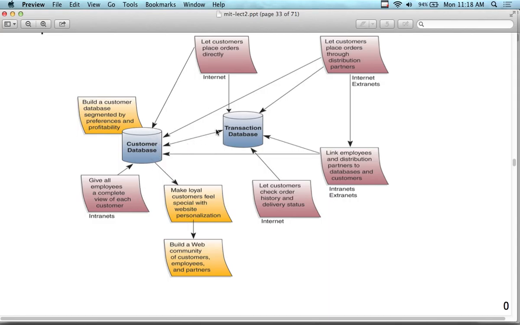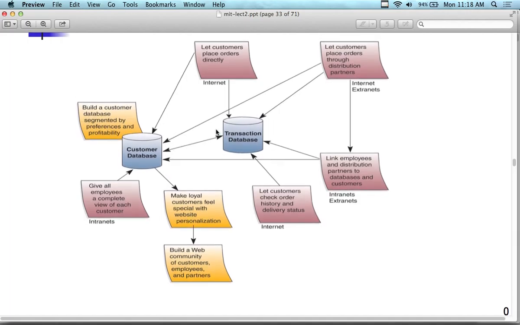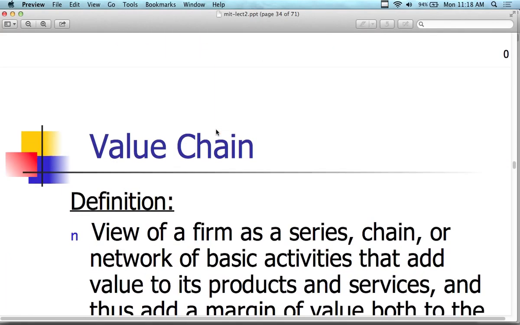There are different strategies using technology to build better relationships with customers. Only problem is no one's really figured out how to do it.